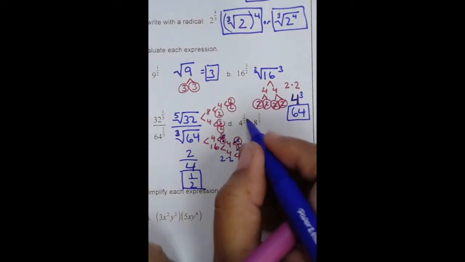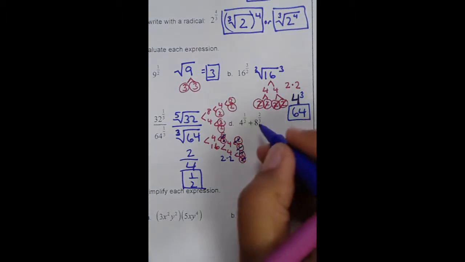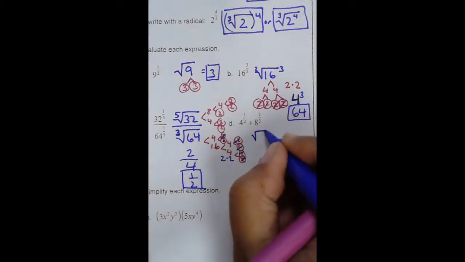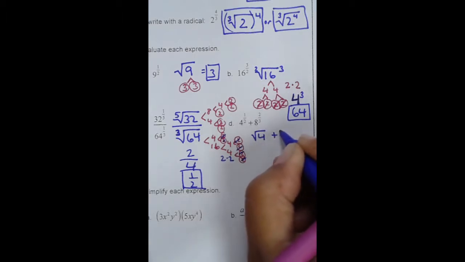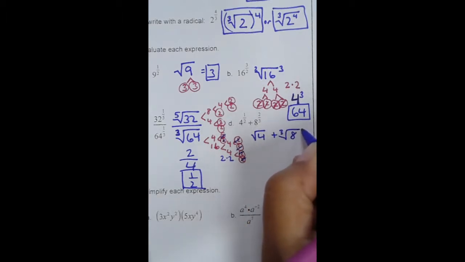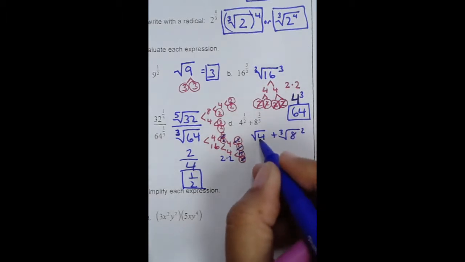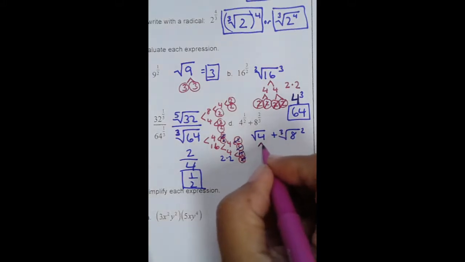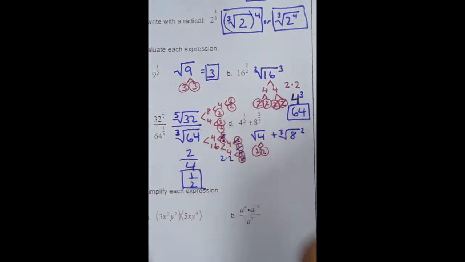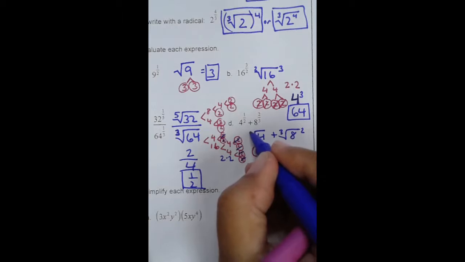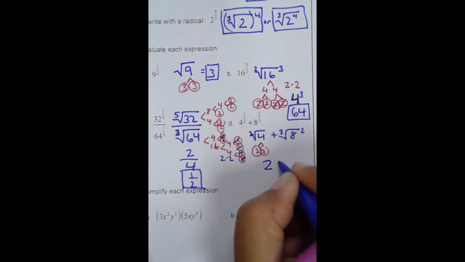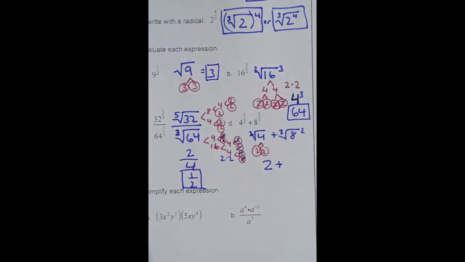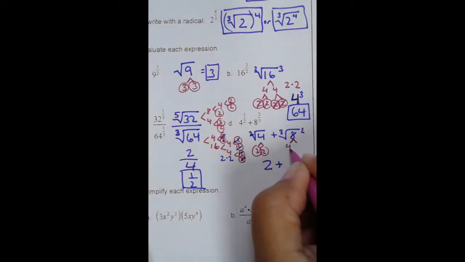Over here, again, we have to simplify it before we actually add. So we're going to do the square root of 4, that's the 2 out here, plus this one's going to be the cube root of 8, and then we're going to square it. All right, the square root of 4, break it down, we have 2 and 2. I have exactly 2 sets. Remember, that's a 2 here, right, square root. So that's going to be just 2, plus over here, we have to break down the 8, which is 4 times 2. 4 is 2 times 2.